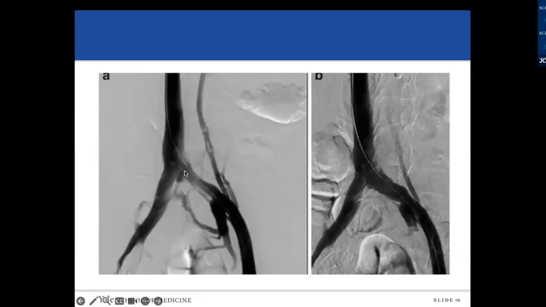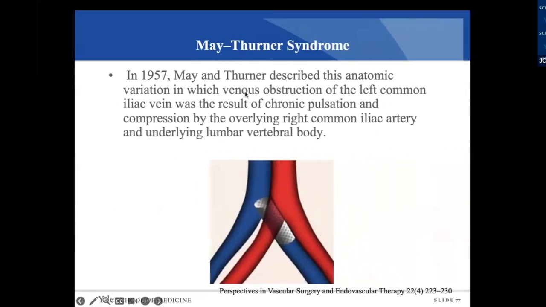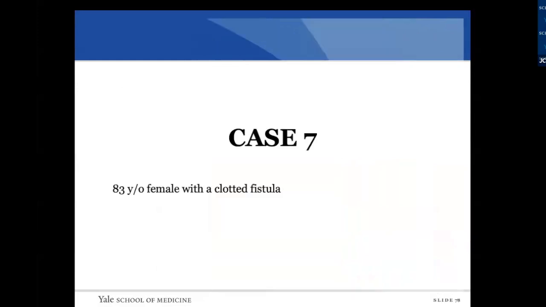So you have to fix the outflow problem, which is the May-Turner. So we stented that and then took care of the graft. So remember that May-Turner can occur in patients with a graft in that location, or a thigh graft.